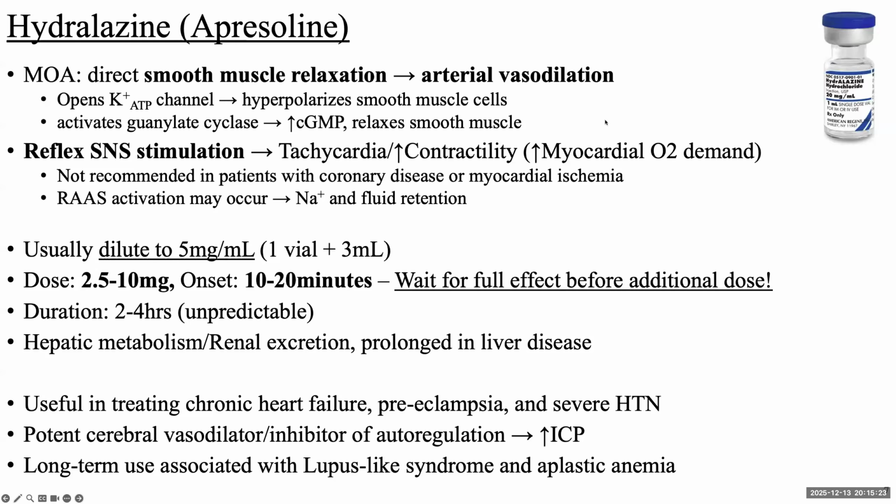So it does this by opening potassium ATP channels, and that causes a hyperpolarization of the smooth muscle cells. And it also activates guanylate cyclase. So remember from that earlier slide, we talked about how cyclic GMP facilitates smooth muscle relaxation. So by increasing levels, we cause more relaxation of smooth muscle.